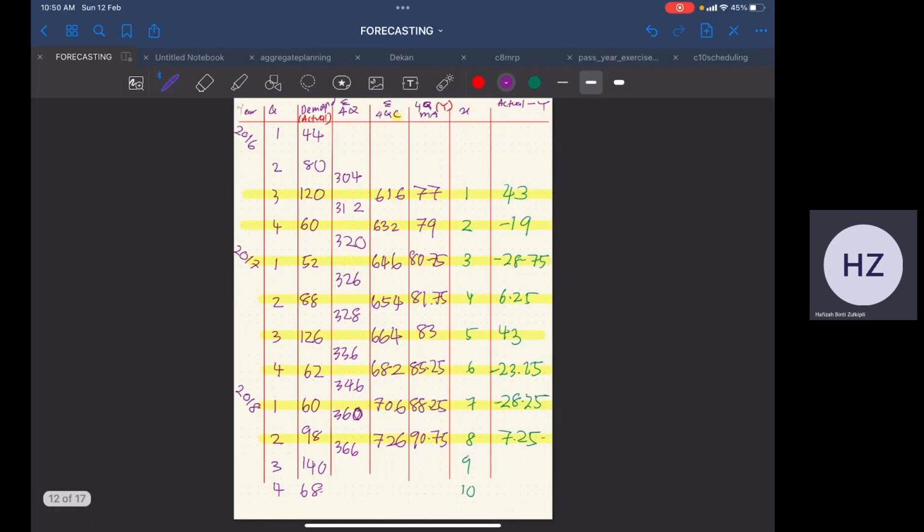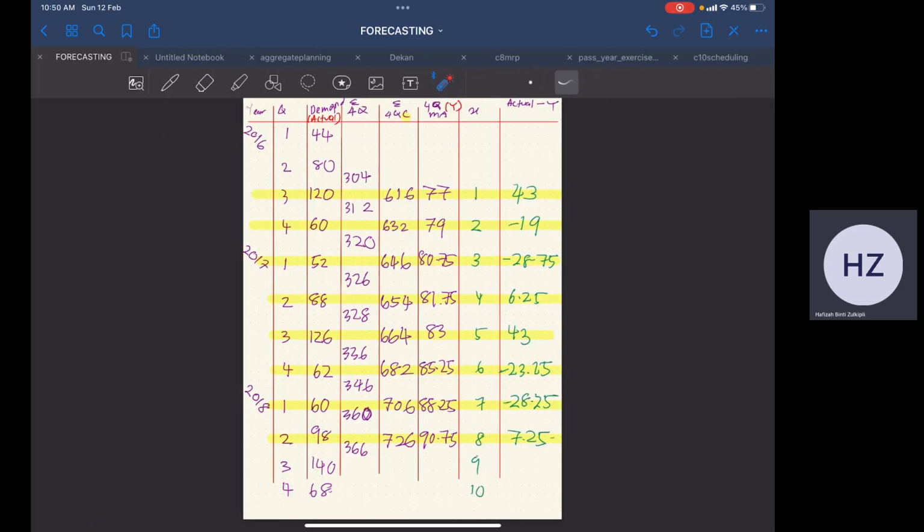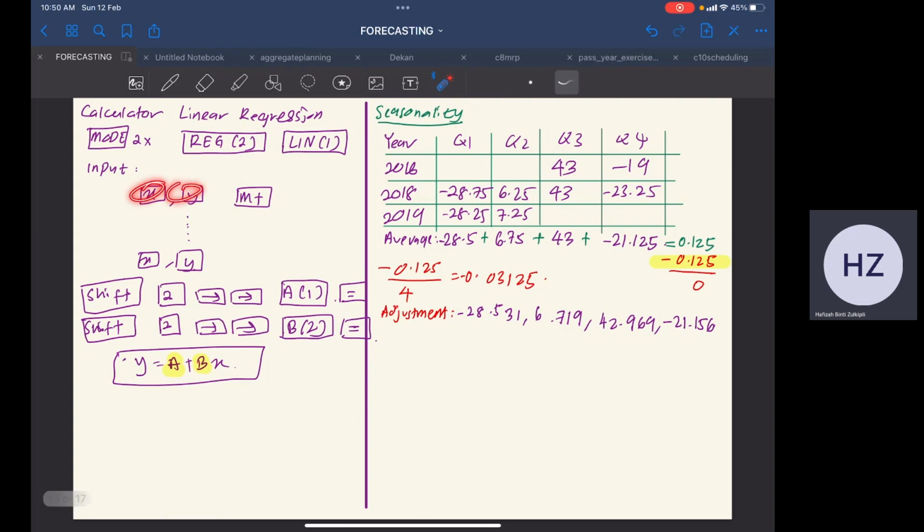Okay, so what is the information you need from the table is the X and the Y here. So that is what is meant by X, Y. From your calculator, you need to press MODE 2 times, and then REG, regression, is number 2, and then you need to press LIN, which is 1, linear.